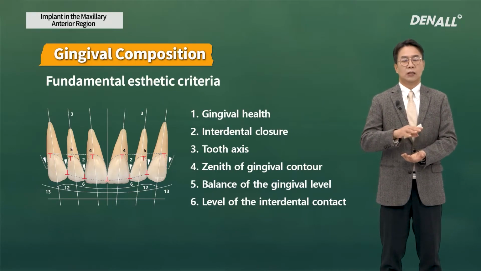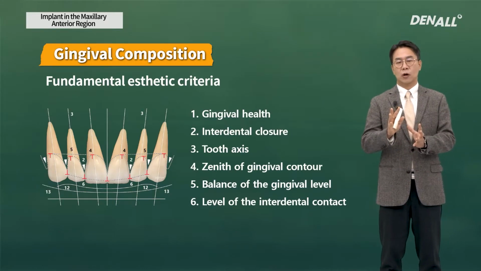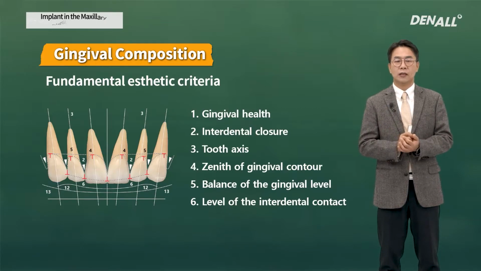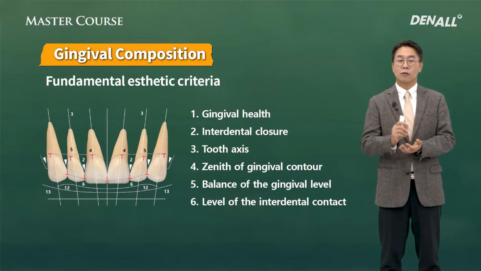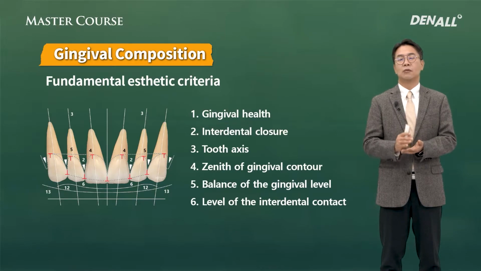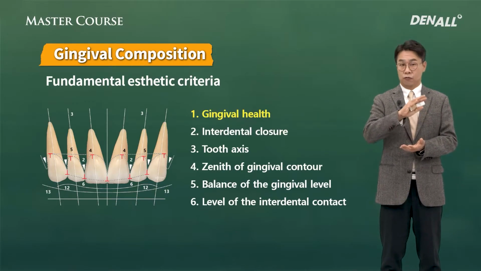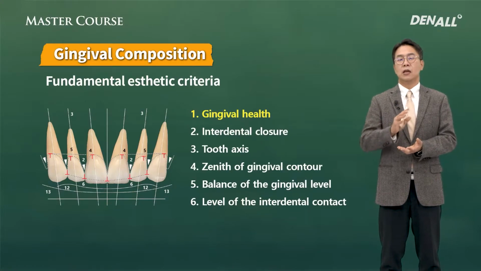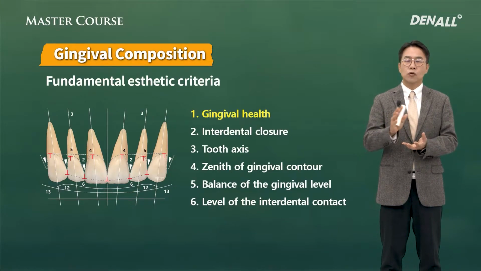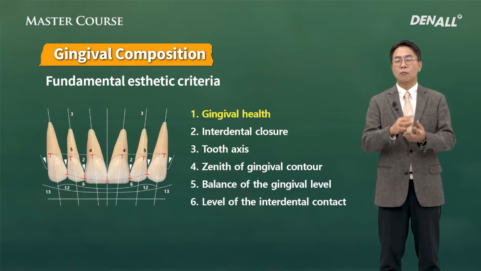As I said before, we need to look at the gingiva. The color should be noticed. Simply put, we need to look at whether it is healthy or not. If there is inflammation, it will look red, and if it is healthy, it will have coral pink color. So that difference can exist.